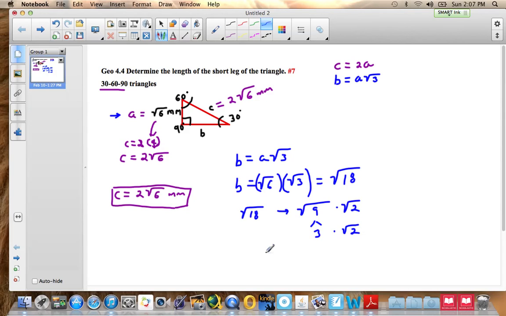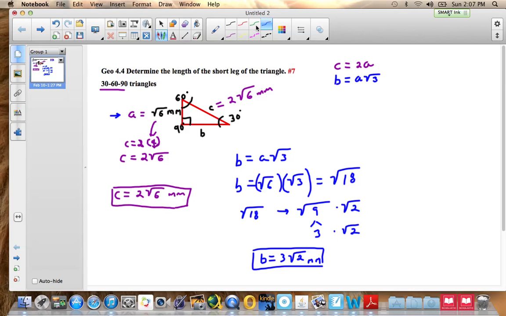So I can say that B then is equal to 3 times the square root of 2. And then my unit for that is going to be millimeters, so I want to make sure that I indicate that in my answer.